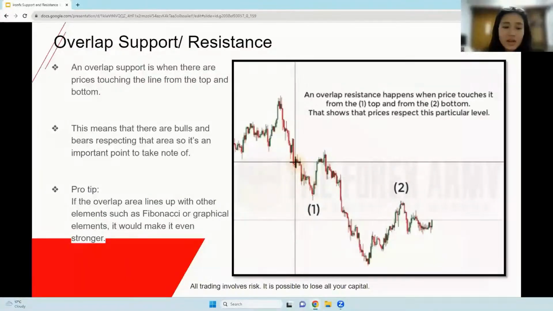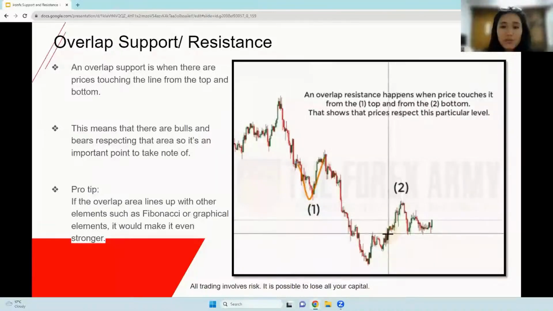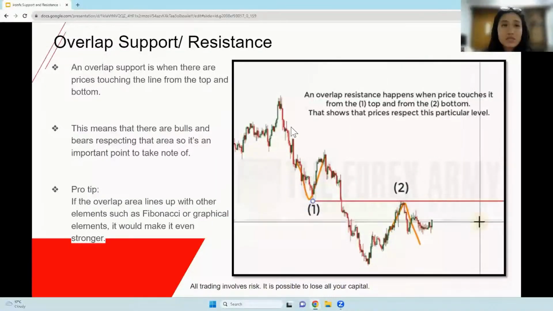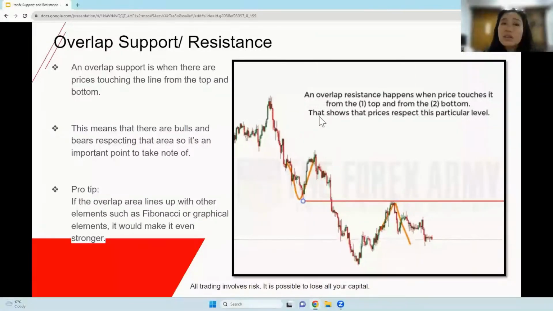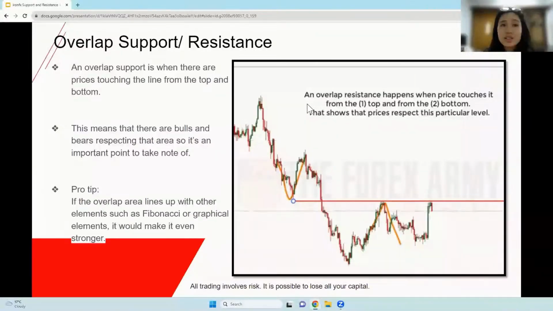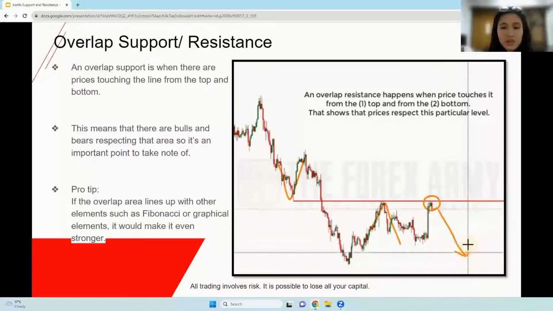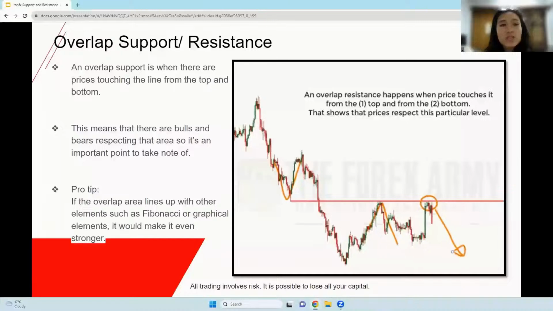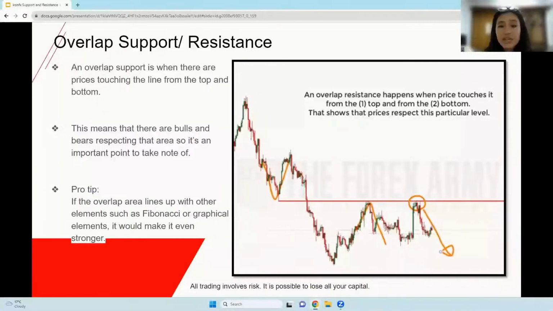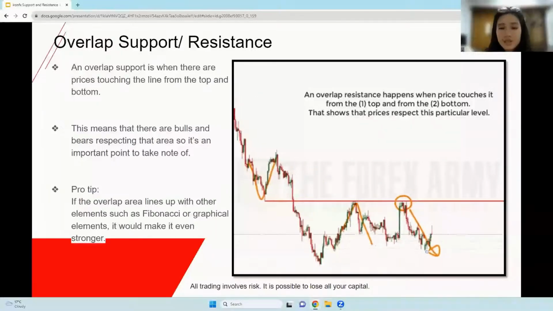Next we have the overlap support and resistance. An overlap support occurs when price touches the line from the top and from the bottom. The more times price reacts off of that area, the stronger the level is.